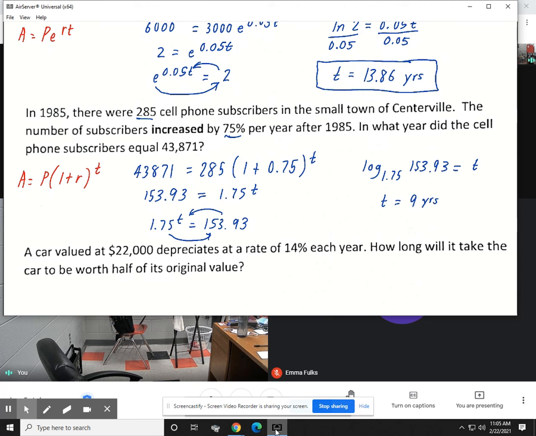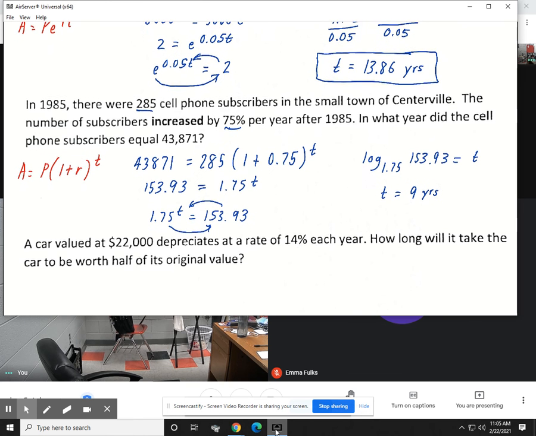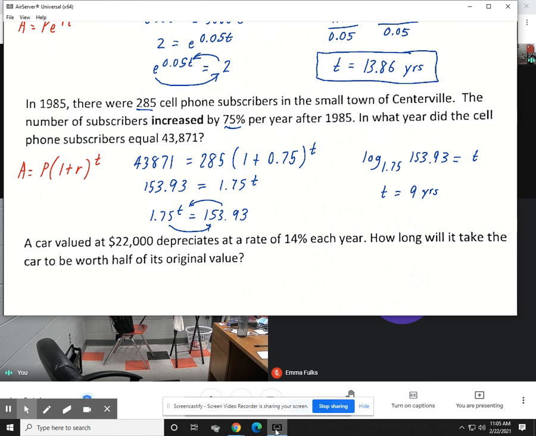But is that the question that it asked? It says, in what year? So if it's going to take 9 years from 1985, what is 9 years after 1985? 1994. So it's going to be there in 1994.